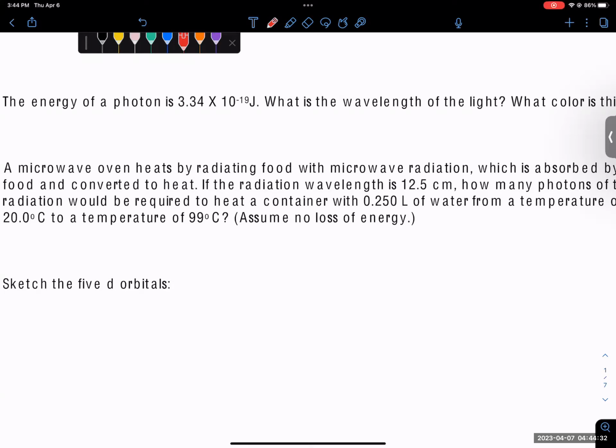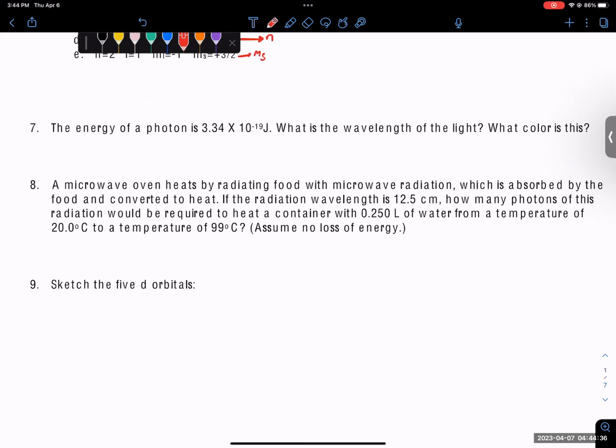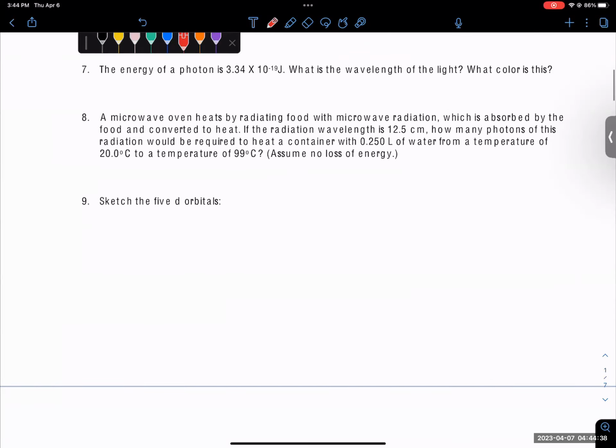None, okay. We'll move on. I'm going to give you about 2 minutes to do this. For this part of the question, what color is this? You might have to do some Googling. Stay heads up. We'll reconvene at approximately 3:46 to 3:47 p.m.